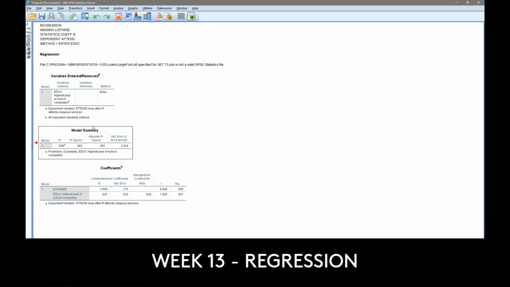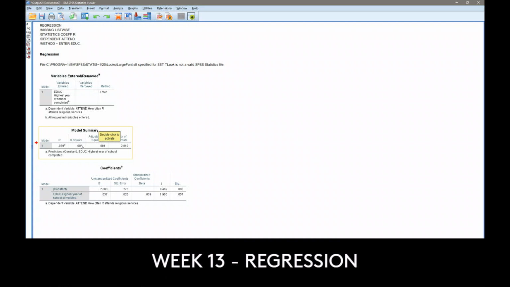Now, what we want to look at in the model summary is the R-square value. The R-square value tells us how much the independent variable predicts or explains the change in the outcome variable.